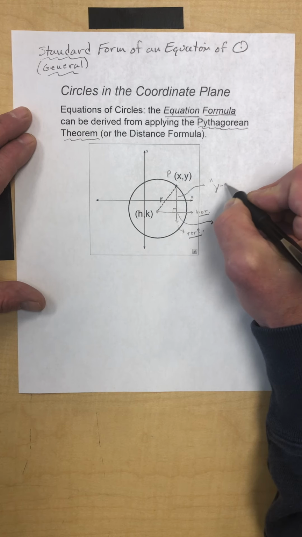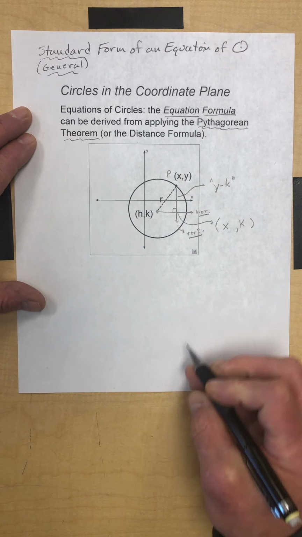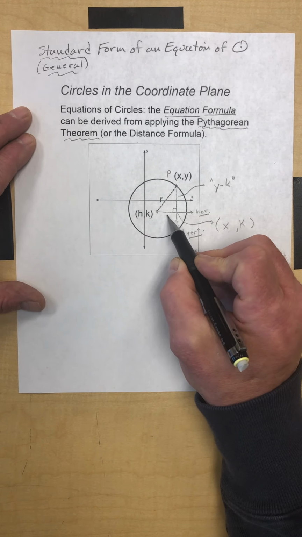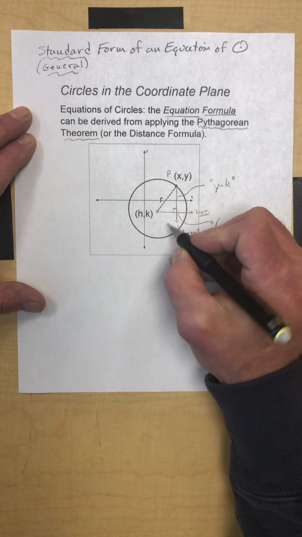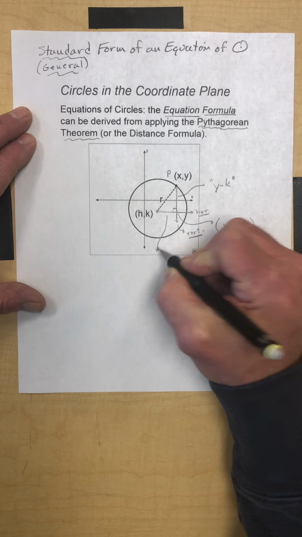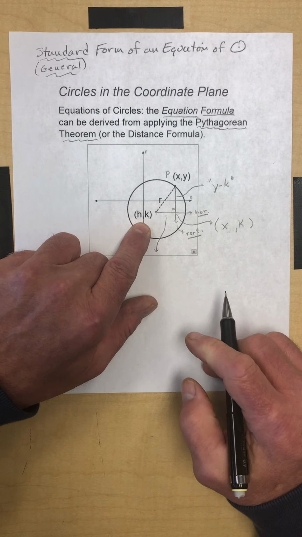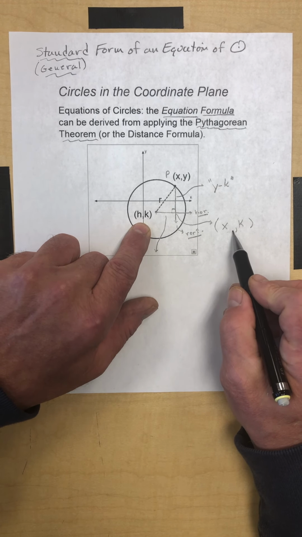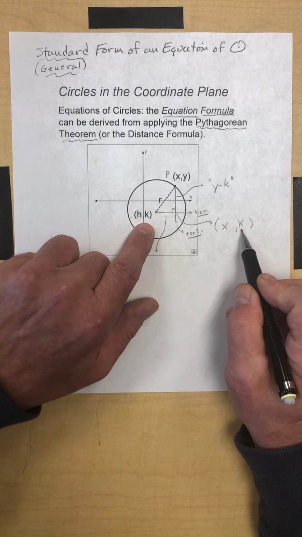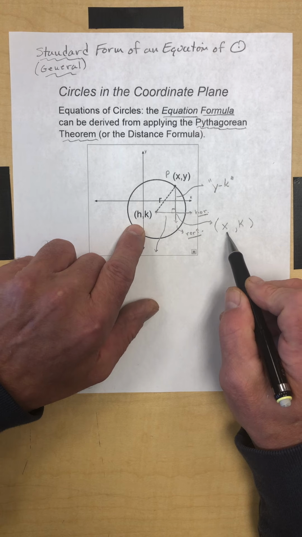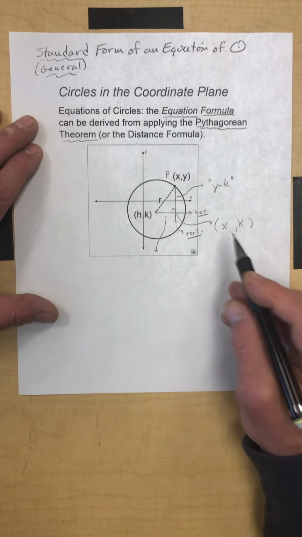Now I have to come up with an expression to represent the length of this horizontal leg. I've got this point at one end and this point at the other end, and notice that the y coordinates are exactly the same, which means all I have to do is subtract the x coordinates to get the length. So I just go x minus h.